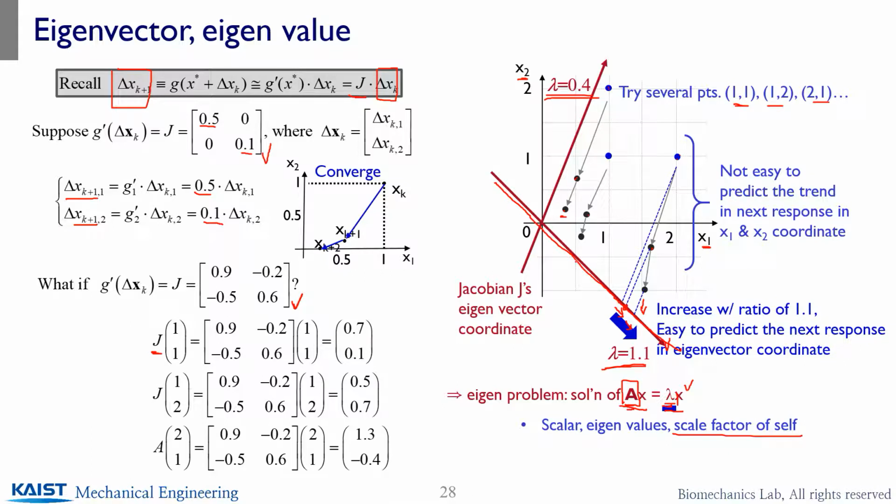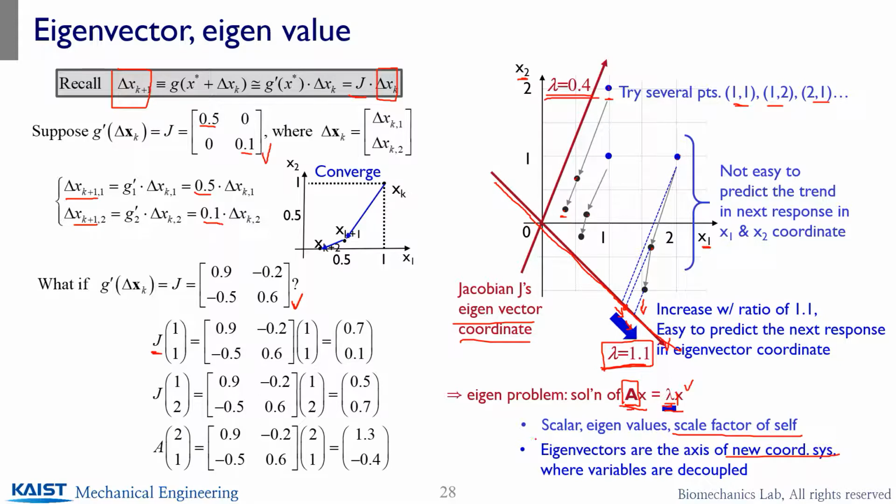So by viewing those point changes in view of eigenvector coordinates, it's a lot easier to predict what's going to happen, because it's scaled up by the eigenvalue corresponding to each axis. So eigenvectors are the axes of a new coordinate system where those variables are decoupled and then scaled by a scalar factor.